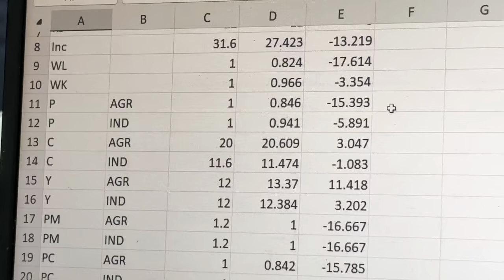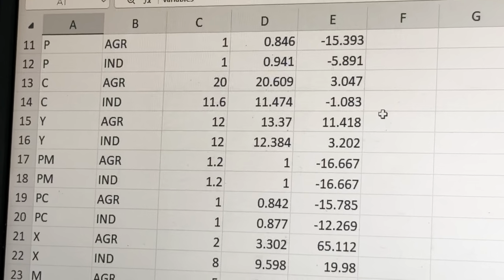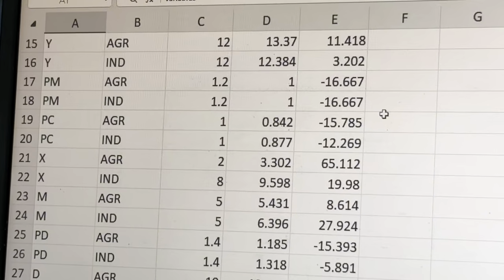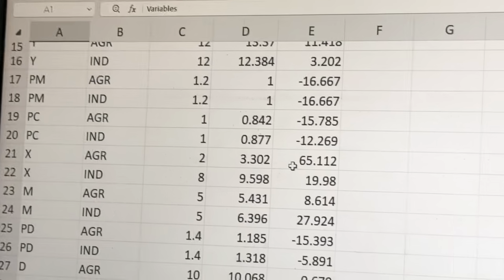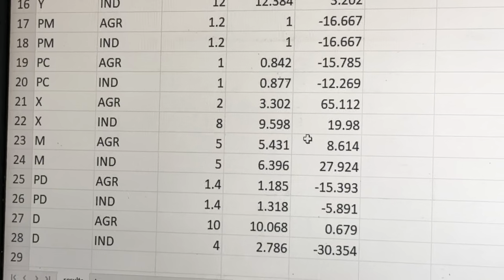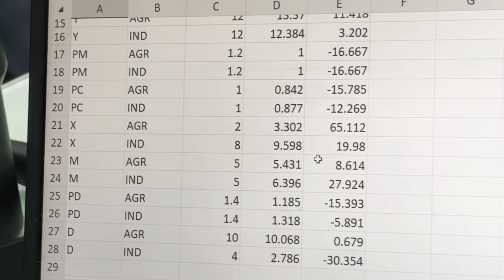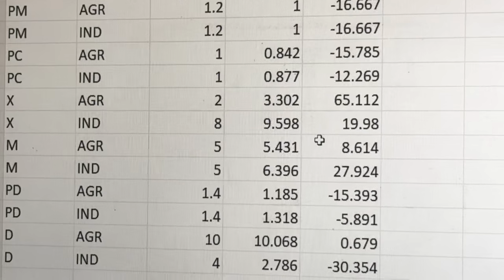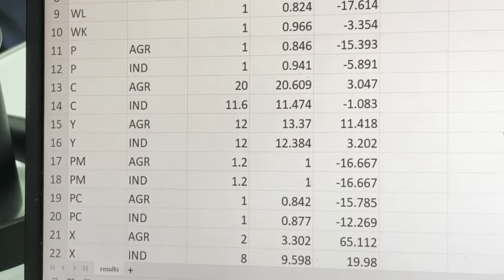Let's move to the export for both sectors. In agriculture, we can see an increase of quite a lot, 65.11%, and in the industry, 19.98%, almost a 20% increase.